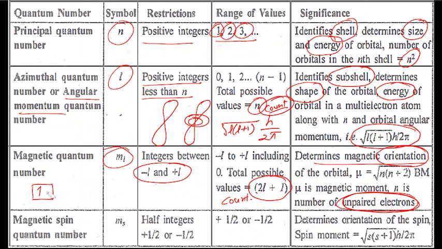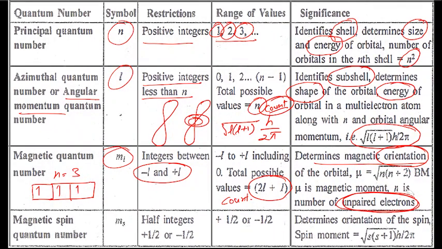If I have one unpaired electron, n will be 1. Suppose I have a p subshell, and in the p subshell there are 3 orbitals, and in the 3 orbitals I have one electron each, not 2. So in this case, n will be 3. I have 3 unpaired electrons. So that value will be substituted here.